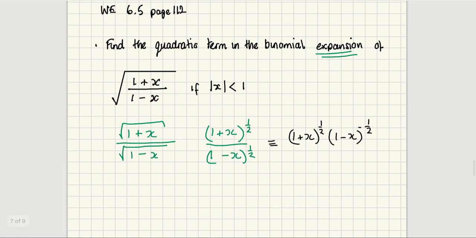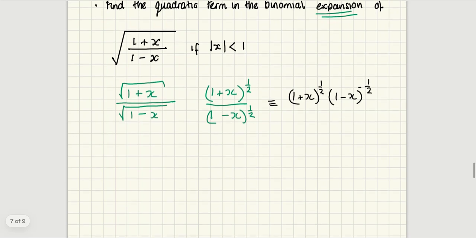So we want the quadratic term, which basically is just the which term? So the x squared term. All right, we want the x squared term. Now, here's the thing with this. Both of these are separate expansions in their own right, aren't they?